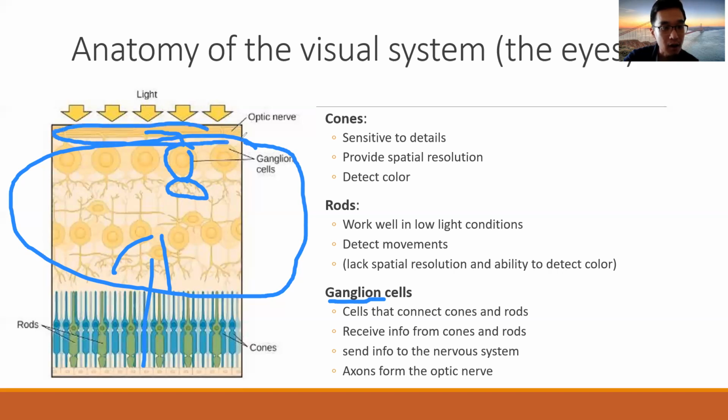This part is the axons of a lot of ganglion cells. Those axons form the optic nerve, and that nerve connects to the brain. So ganglion cells actually connect the photoreceptor cells and the brain. That's how the visual system works.